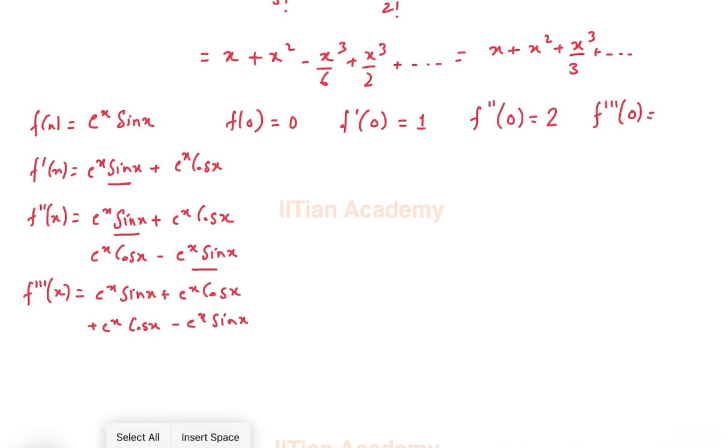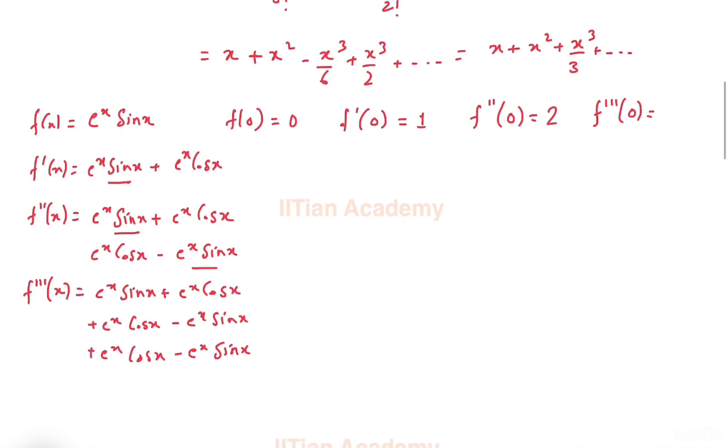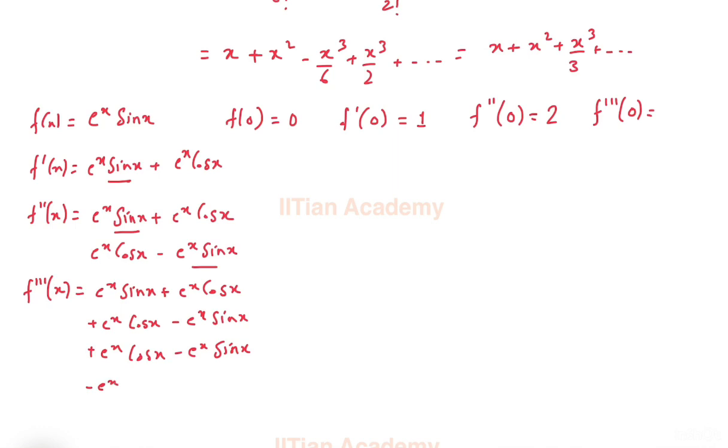These two terms are same, so this will be again exactly similar, minus e raised to the power x sin x, and the differentiation of this would be minus e raised to the power x sin x minus e raised to the power x cos x. Or you could have simplified these terms and then differentiated. At x equals 0, these terms of sin x will be 0, this will be 1, this will be 1, 2, this will be 3, and this will be minus 1, so we will get 2.